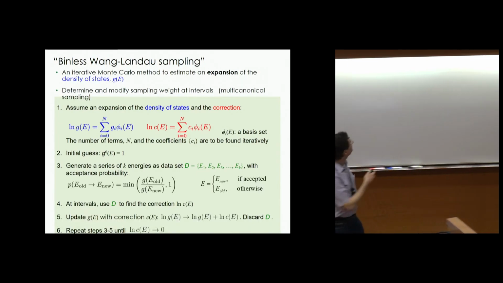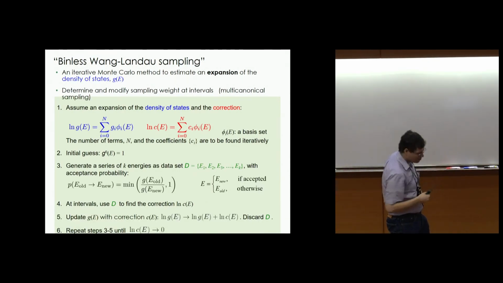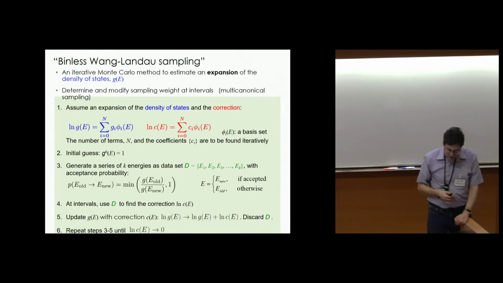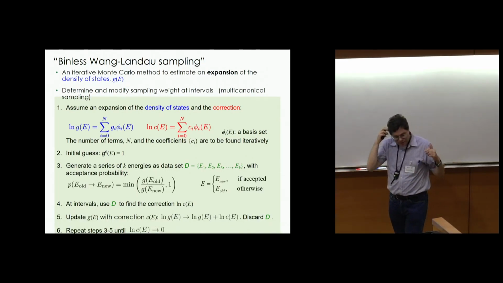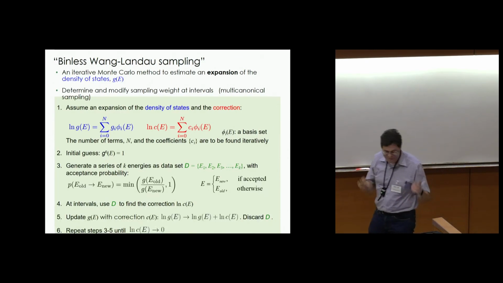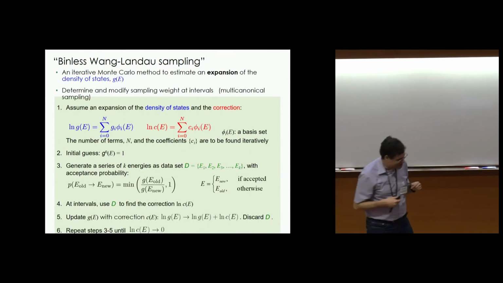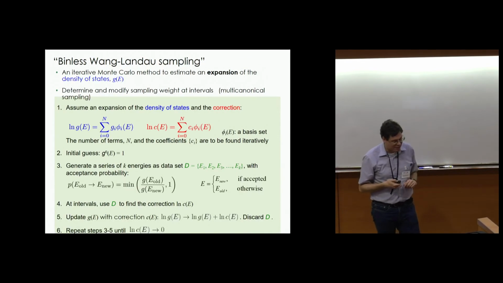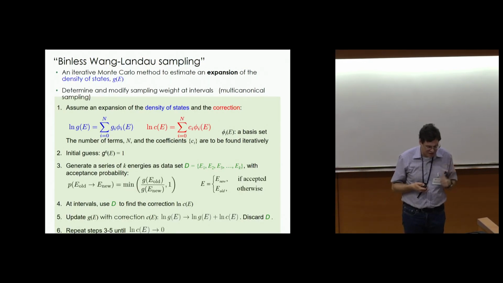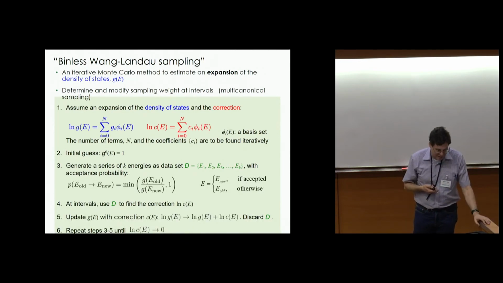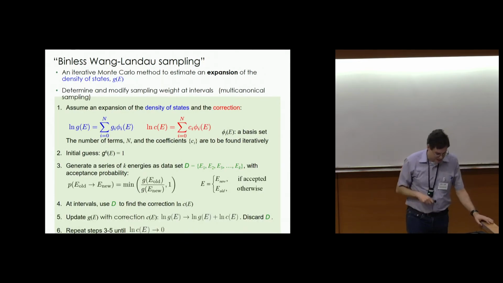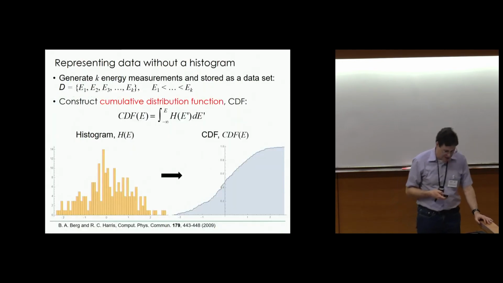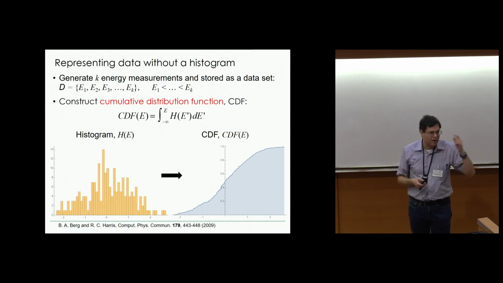We generate a set of energies, assume them to be sorted, and then most of the work is done in step 4, where we find the expansion of log of C to update the G. And we repeat this until C is basically indistinguishable from random noise around 0.